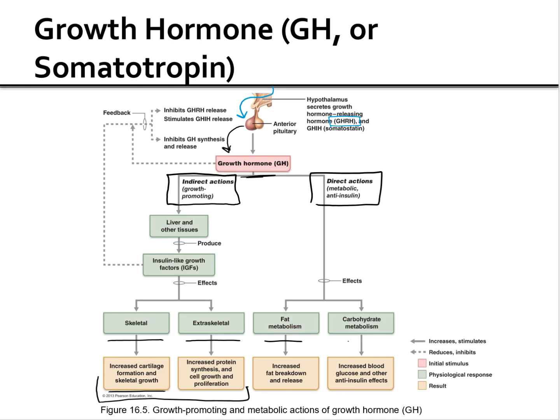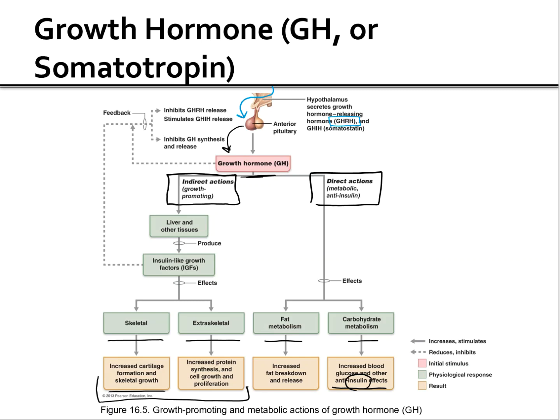Growth hormone will also play a role in increasing blood glucose levels. If we increase blood glucose, this has what's known as an anti-insulin effect. We'll talk about insulin in a little while, but basically insulin is going to decrease blood glucose. So growth hormone will counteract it, acting as an anti-insulin effect.